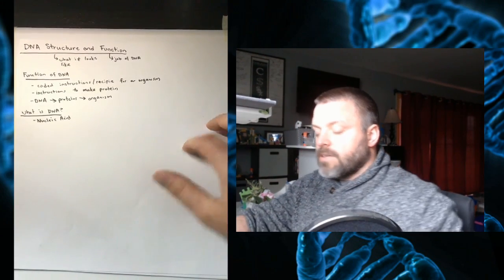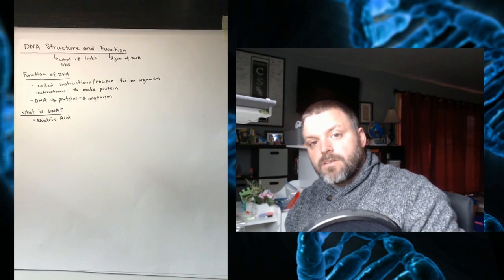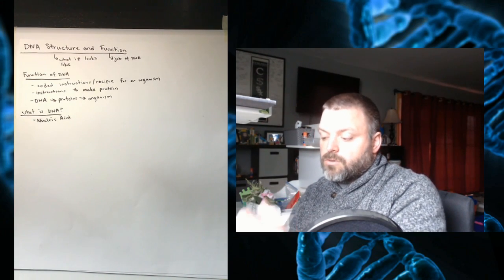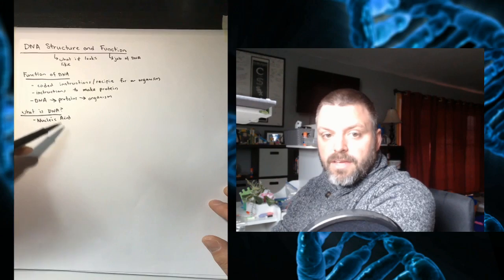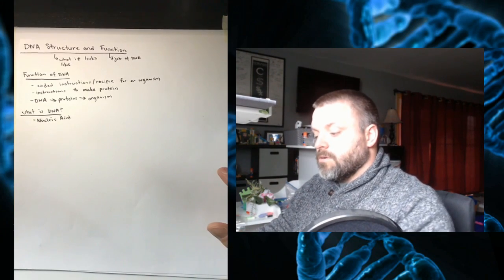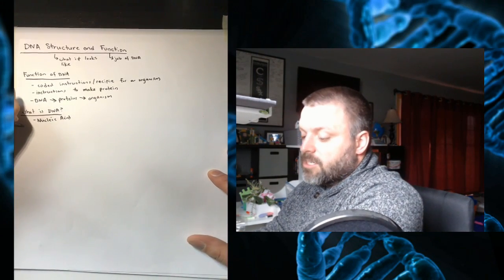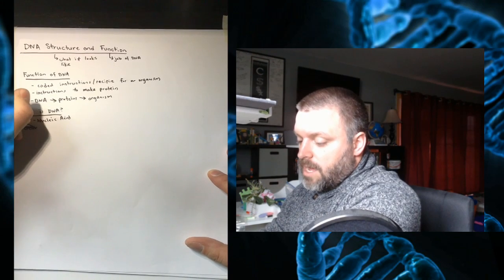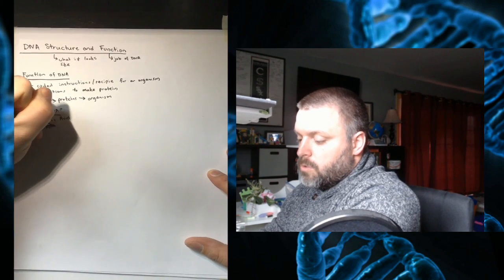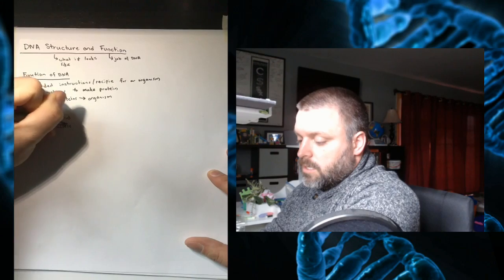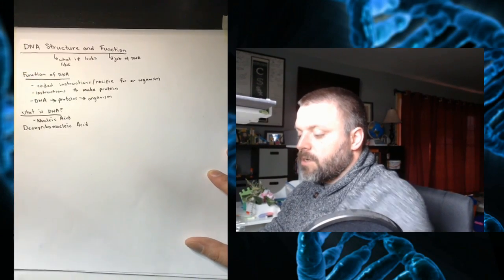We learned about various types of macromolecules, and DNA is a nucleic acid, and that's where the N and the A come in for DNA. Actually, DNA itself stands for deoxyribonucleic acid. If you want to sound impressive, say that out loud.